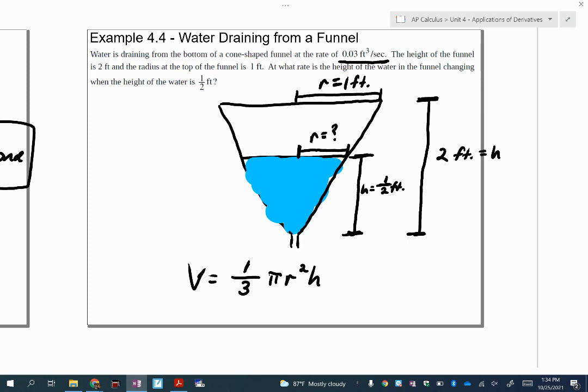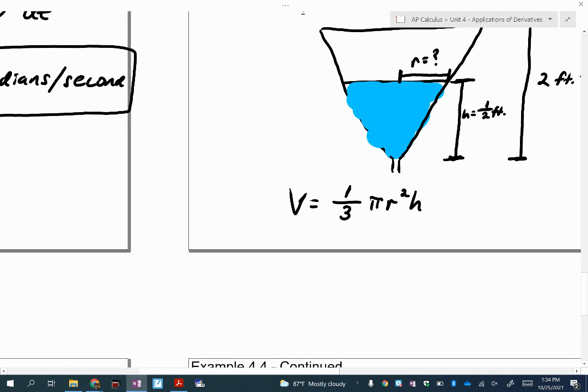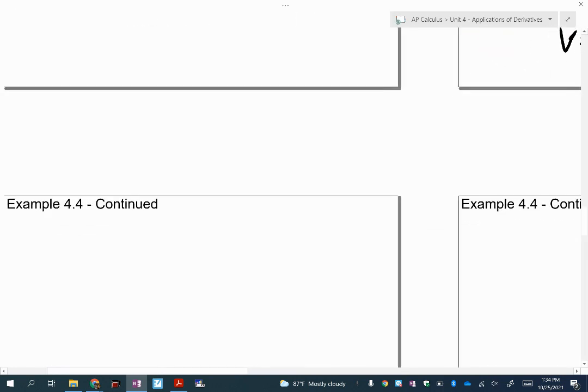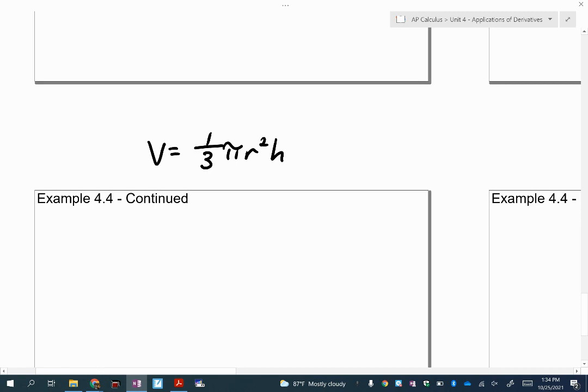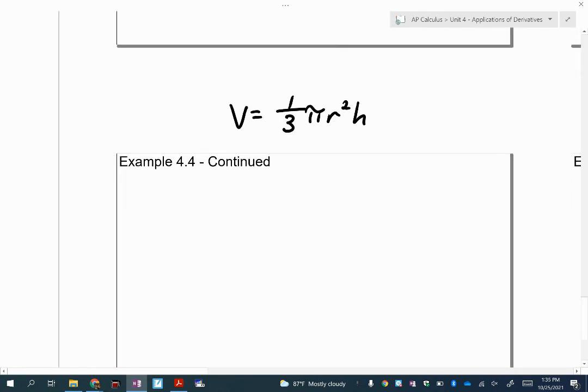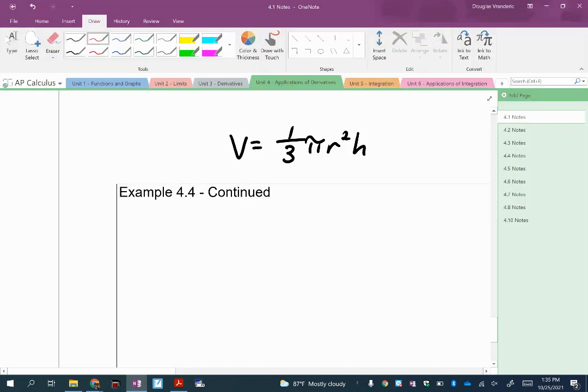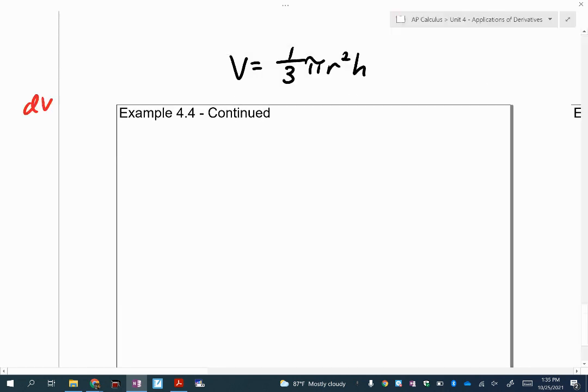All right, so I'm going to continue on the next slide with that idea. The volume of a cone is 1/3 pi r squared h. Now, there's too many variables going on here. I have 3 of them. In terms of what I know, the rate at which the water is draining out of the cone is negative 0.03 cubic feet per second.